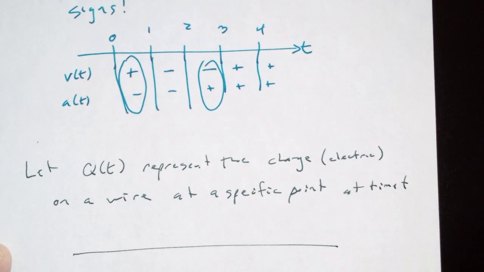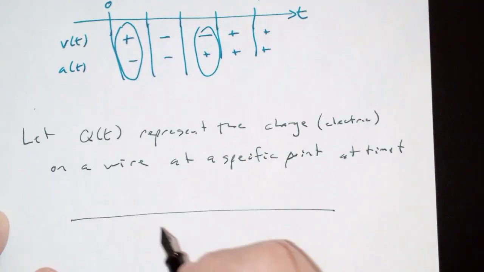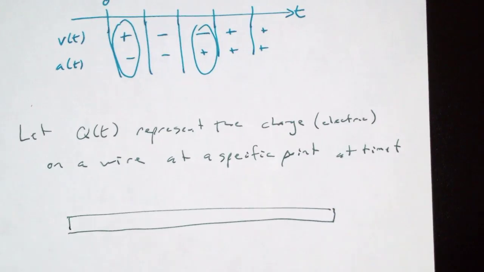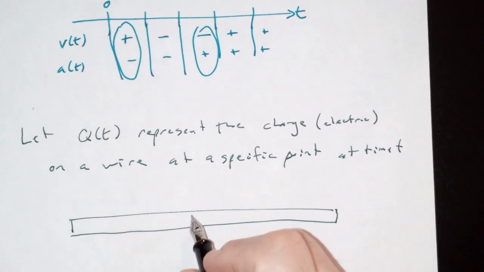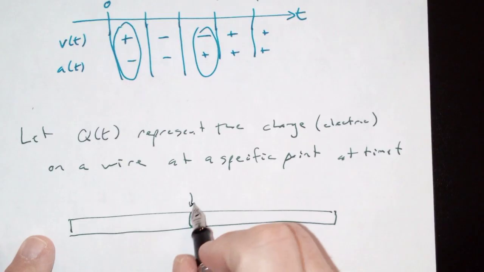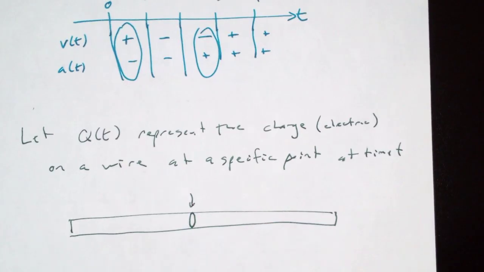So I have a wire, and I can actually think of the wire as a tube of metal. It's a really thin tube, but it's a tube. And I can think of a slice of that tube. And I can say right here, I can count the amount of electricity in number of electrons.